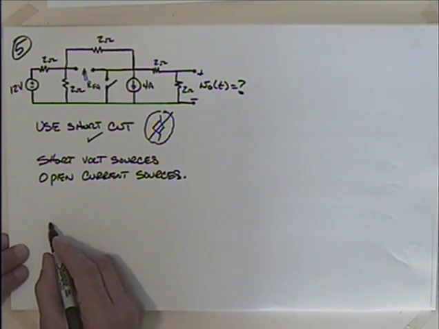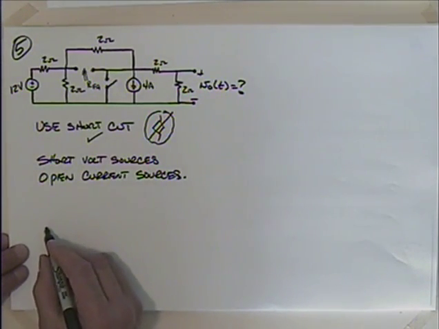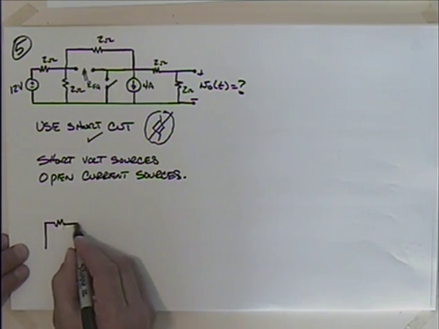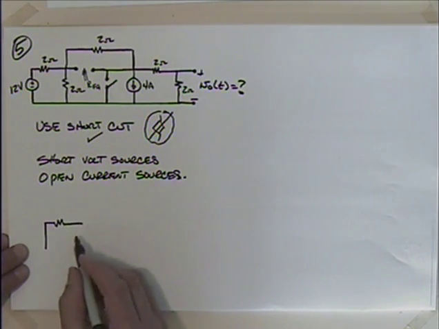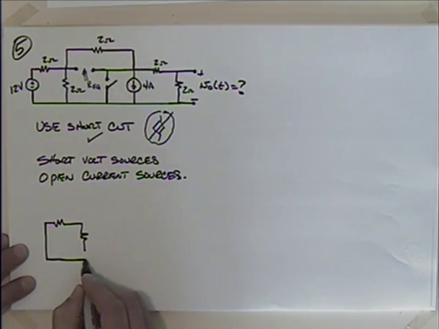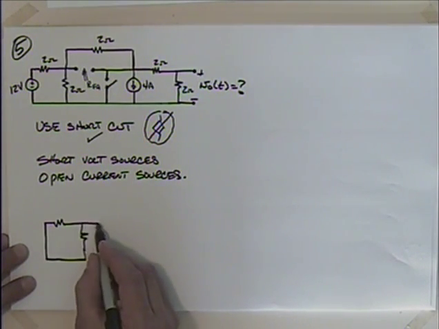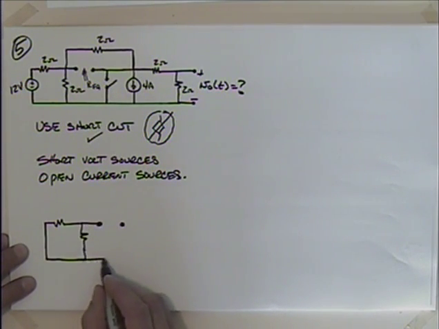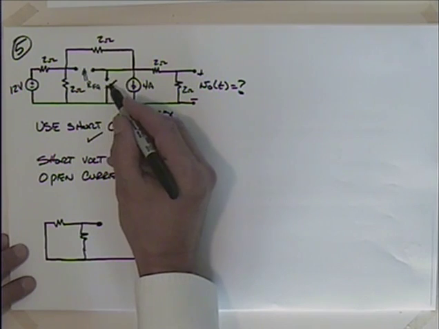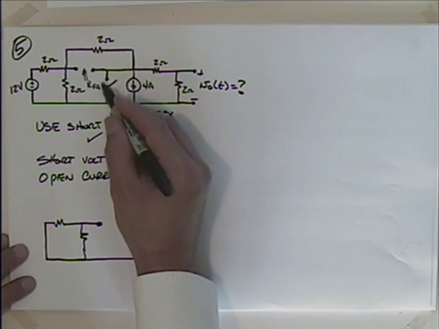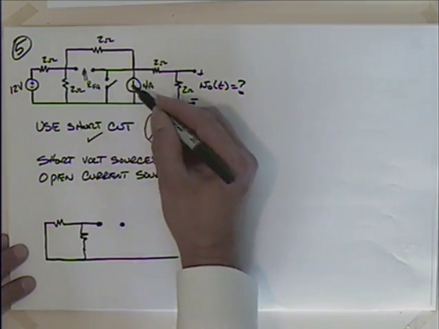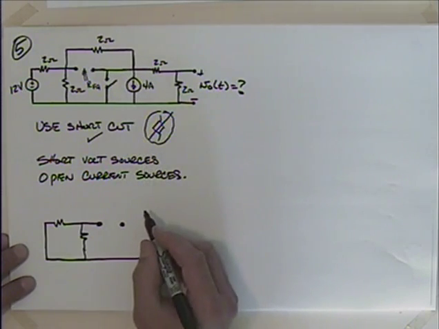So if I do that, if I short the voltage sources, and what else am I going to have? That's open, so I won't concern myself with writing that. That's a current source, so that's going to get opened.